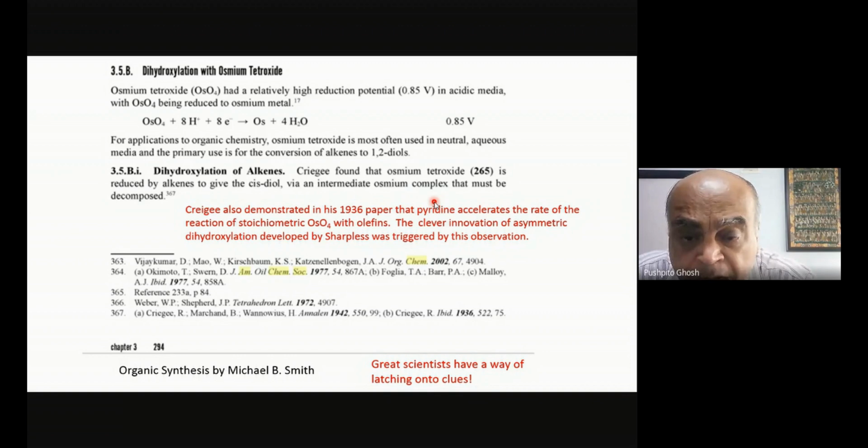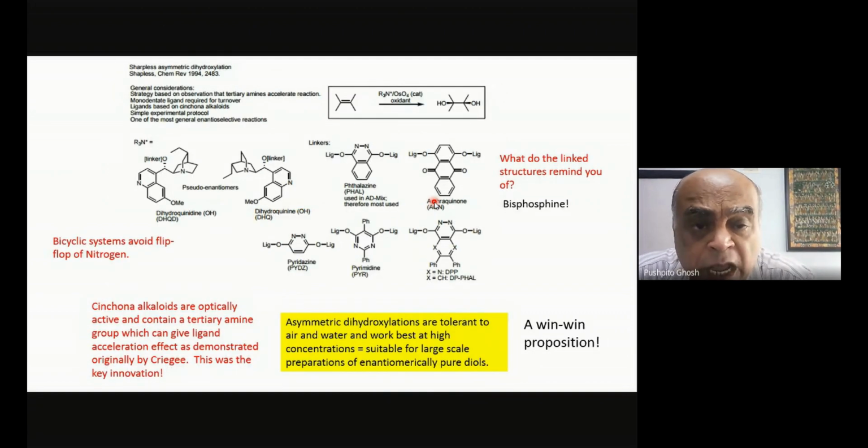Now, what he did was this. I've already told you that a nitrogenous compound, like a simple tertiary amine, cannot be made chiral because of the umbrella flip-flop effect.